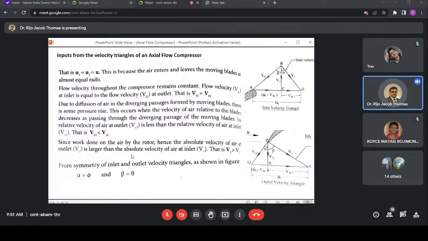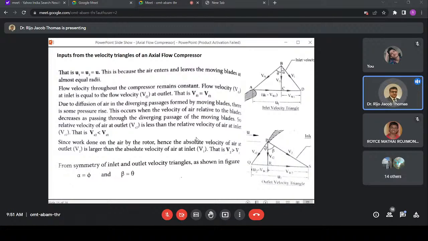Since the work is done on the air by the rotor, the absolute velocity at the outlet V2 is larger than the absolute velocity V1. So V2 is greater than V1. So you can see that this V1 is a small one, but V2 is a bigger one.